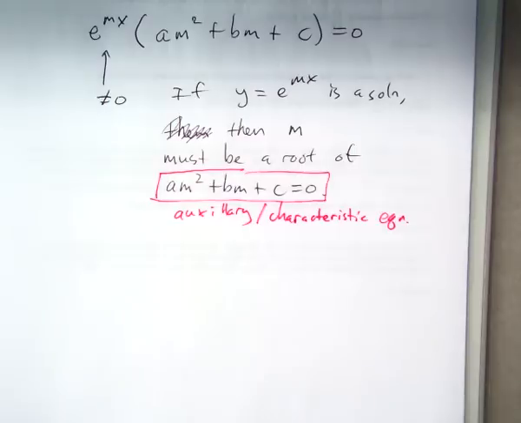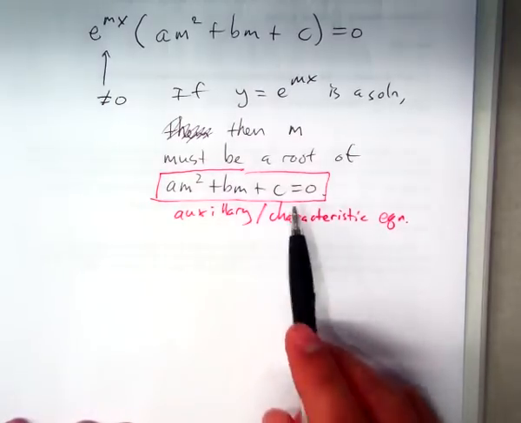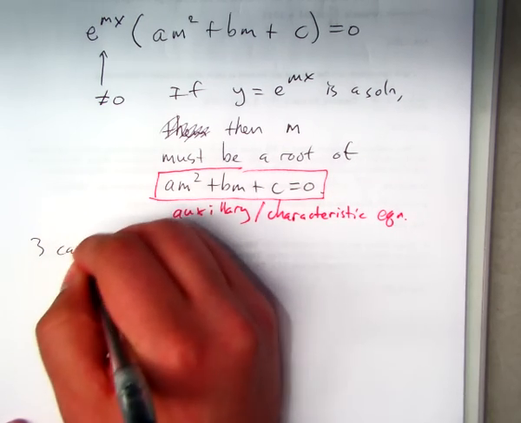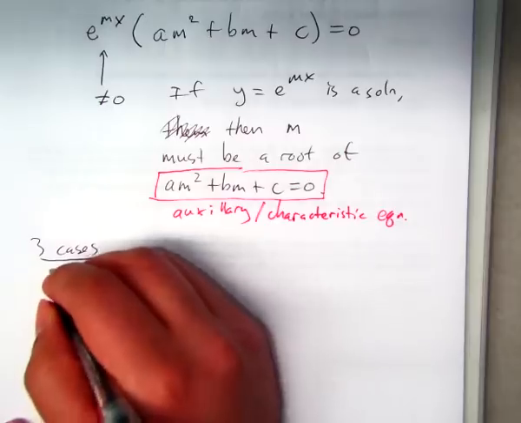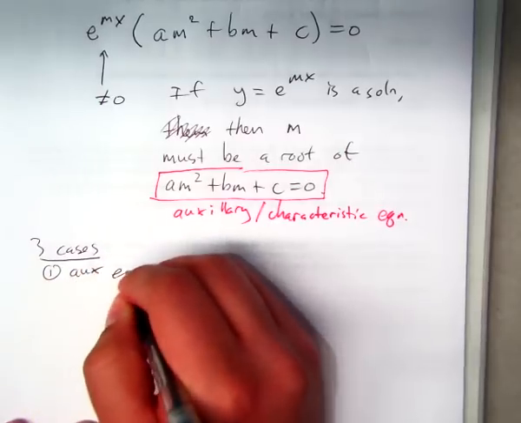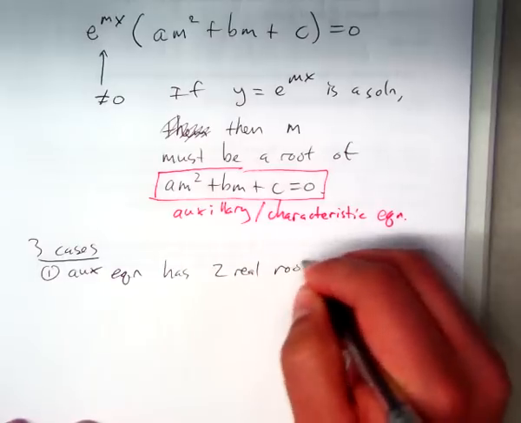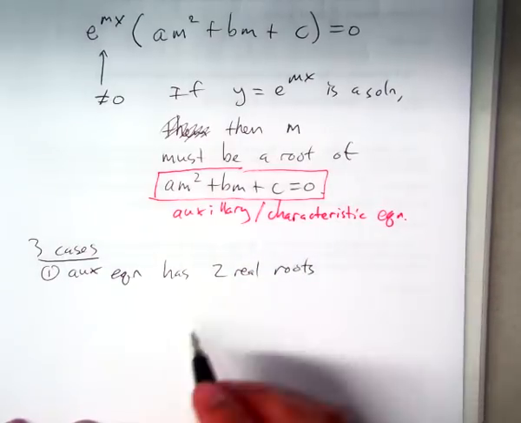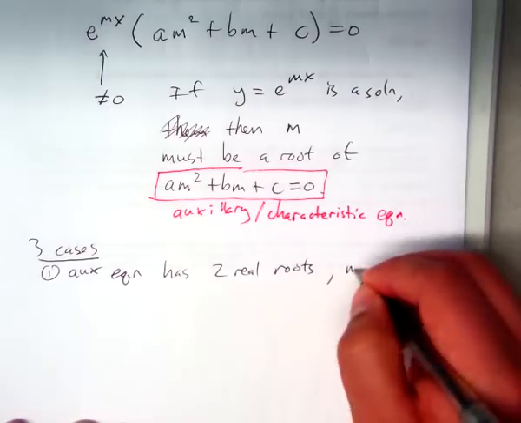All right, so now, if m is a root of this quadratic equation, there are 3 different kinds of m's that we could have, right? First case, the auxiliary equation has 2 real roots. Let's call them m1 and m2.